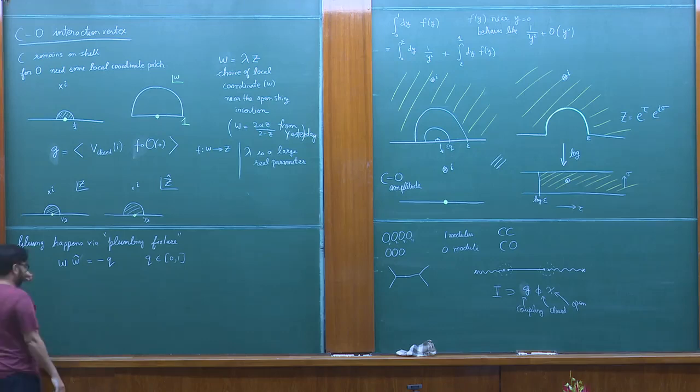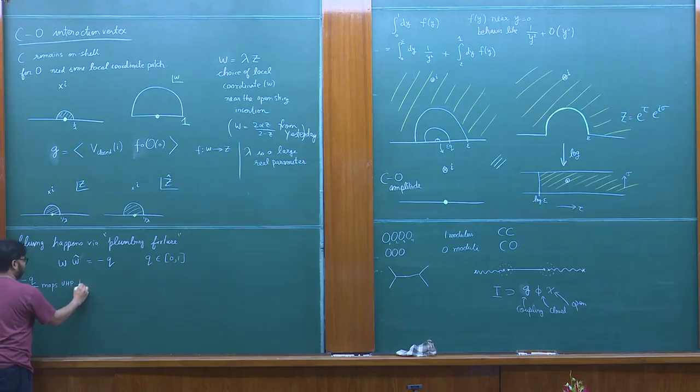First of all, note that the map minus Q over W maps upper half plane to upper half plane. If W is in the upper half plane, 1 over W goes into the lower half plane because it changes the angle, but the minus sign puts it back. That is why there has to be this minus sign for W and W hat both to be in the upper half plane.